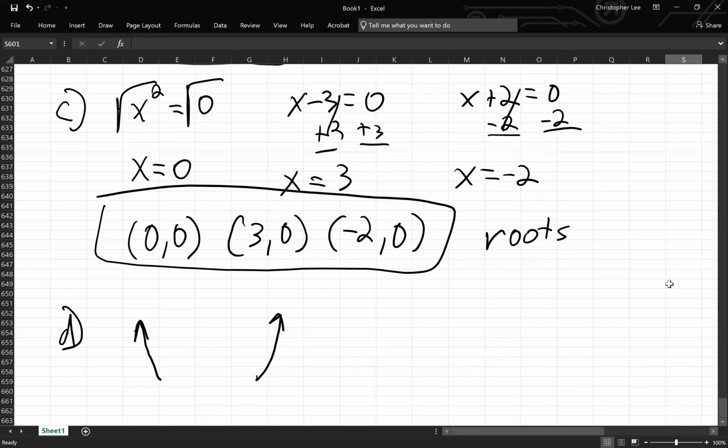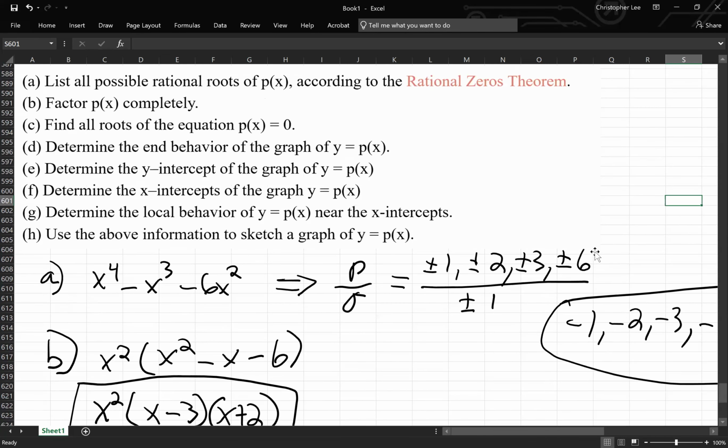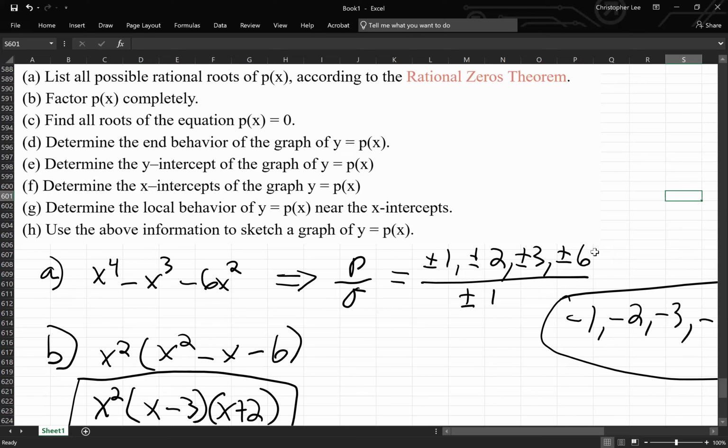You could tell it to me like this, or you could say, as x goes to negative infinity, f of x goes to infinity, and as x goes to infinity, f of x also goes to infinity. I'll take either explanation, or if you want to do both, I'll take both. Whatever is easiest for you. So either give me a drawing or describe it to me.